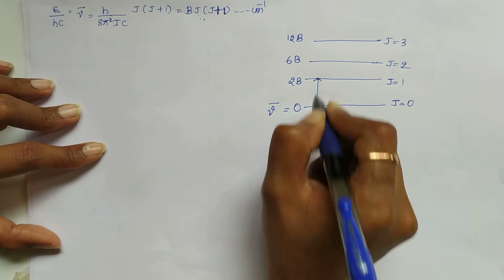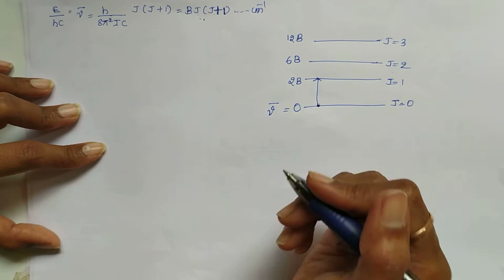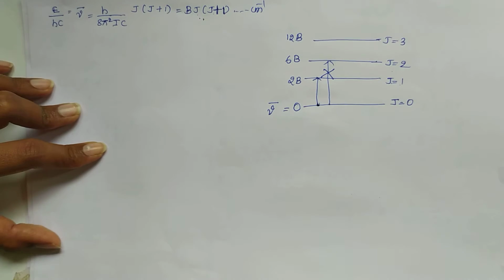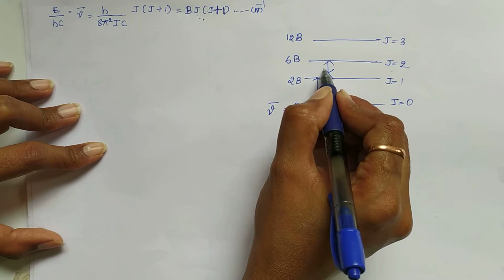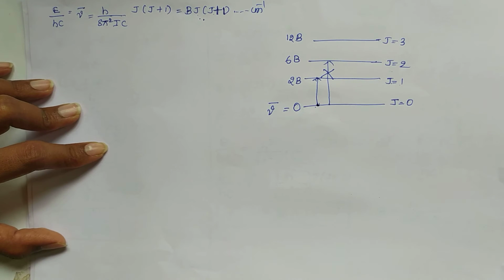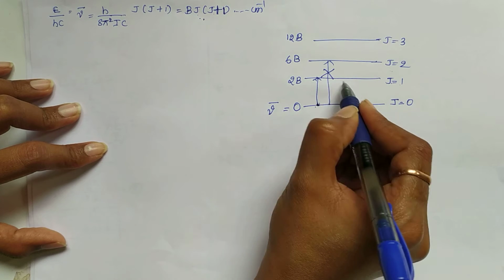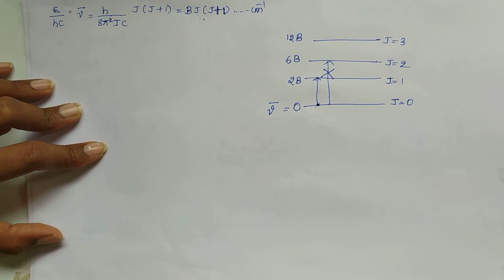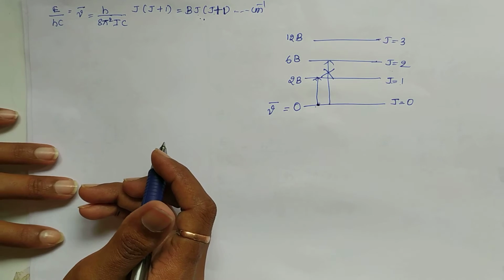This is possible when it absorbs the radiation, but directly skipping levels is not possible. Transition occurs between two consecutive energy levels. Direct transition to a further energy level is not possible. That is called the selection rule.